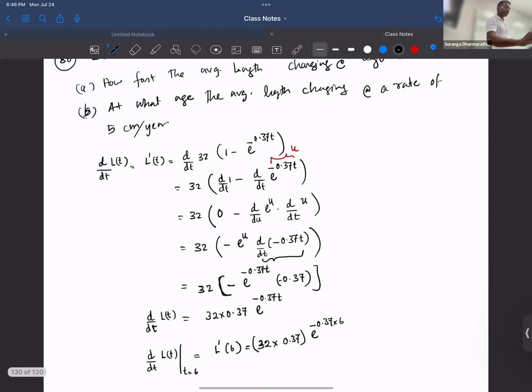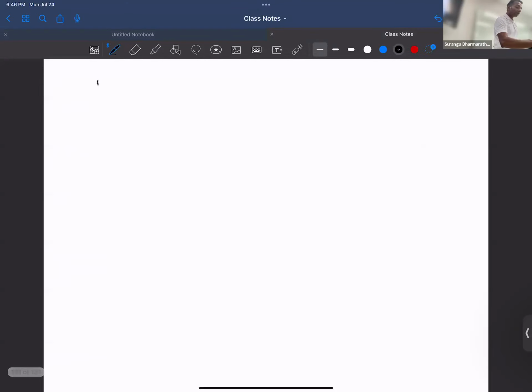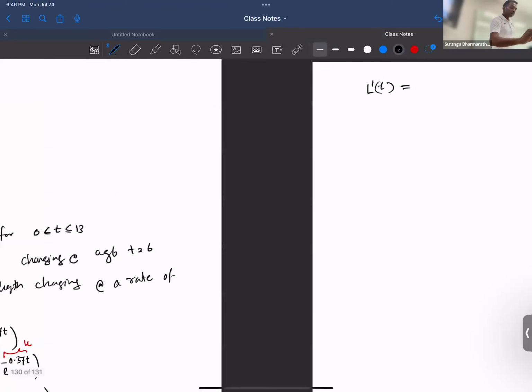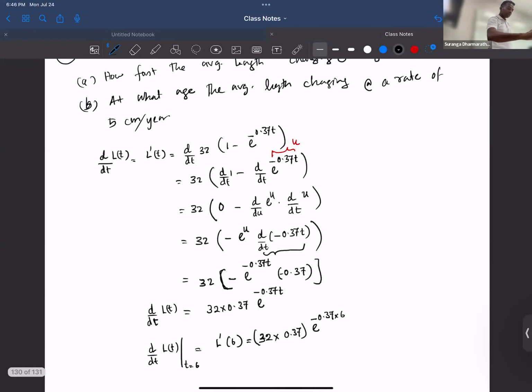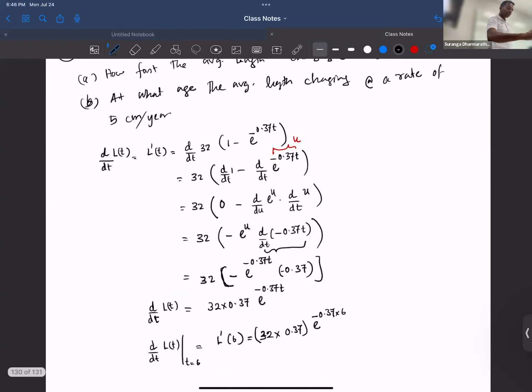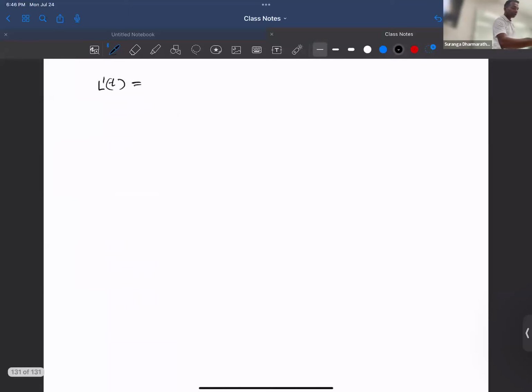We found L prime t, which is 32 times 0.37 e to the power negative 0.37t.